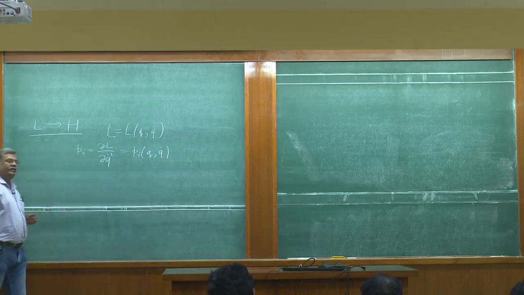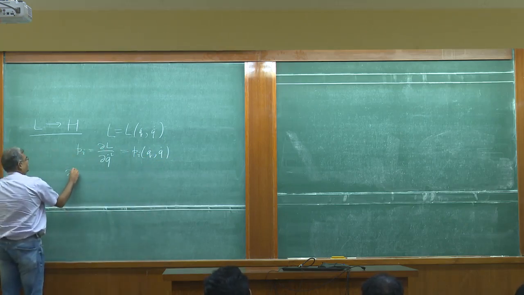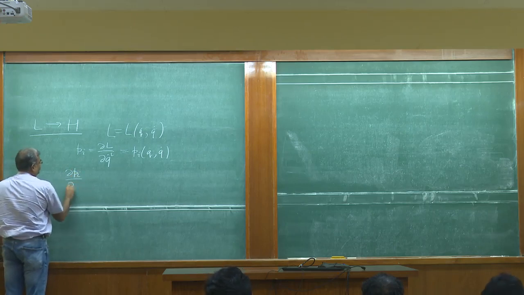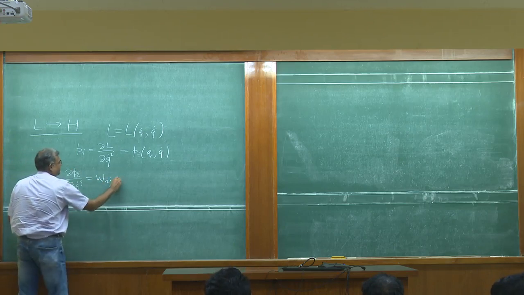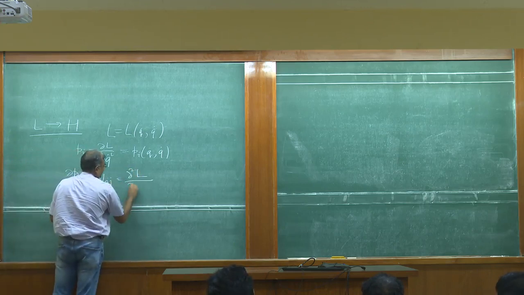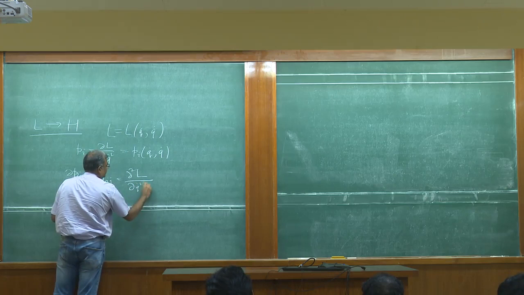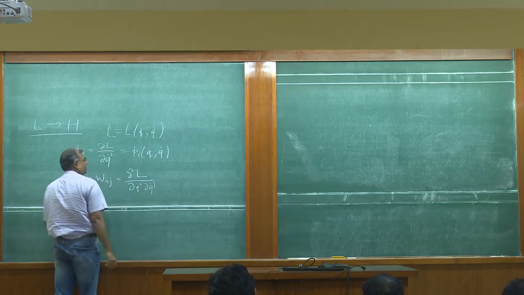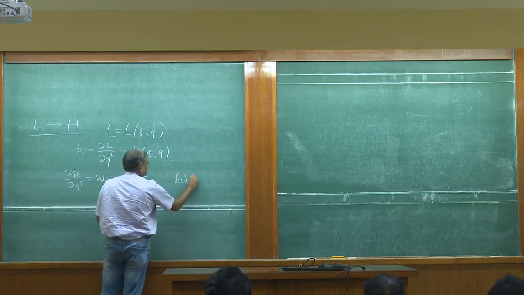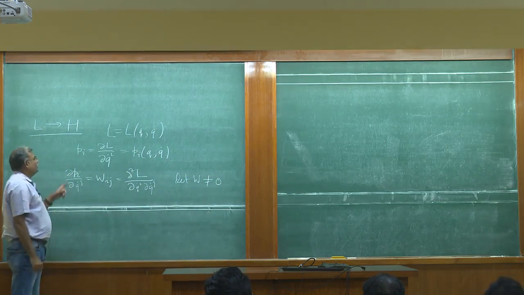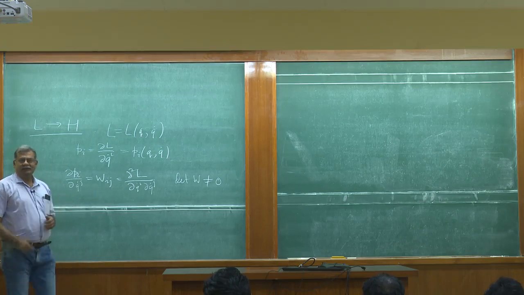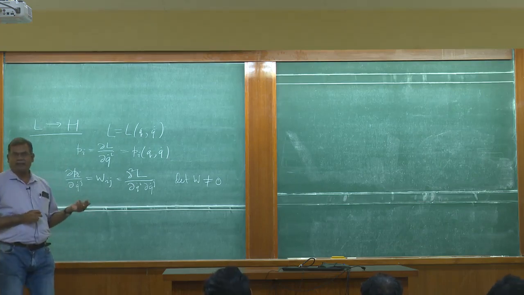And in the non-singular case, del p_i del q_j dot is W_ij, the same Hessian that we met at the very beginning. If the determinant of this W is not equal to 0, this is a non-singular case, then we should be able to solve, at least locally, for the velocities in terms of the momenta.